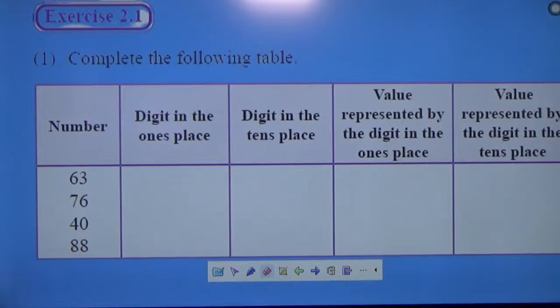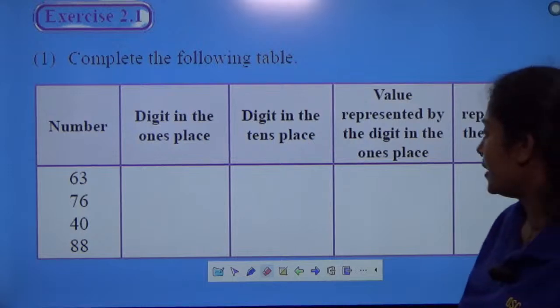Digit in the ones place. Then you have to find the digit in the tens place. Value represented by the digit in the ones place. Value represented by the digit in the tens place. I have explained this before, right? The first one we will do together. Then there are another 3 questions you can do alone.